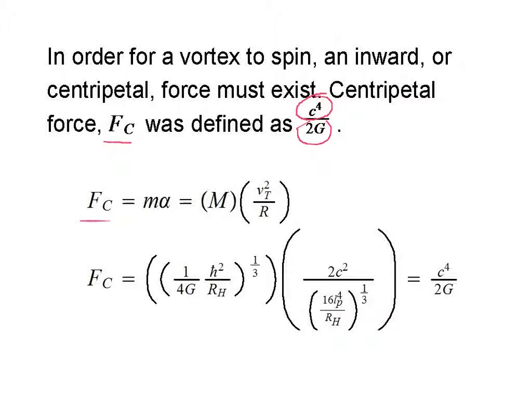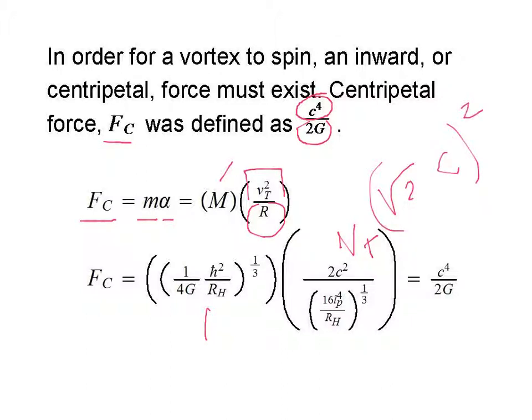And again, quickly, centripetal force is equal to the mass times the angular acceleration. So our mass and then angular acceleration is a tangential velocity squared divided by the radius. And we plug in our particle mass, our constant tangential velocity of the square root of 2 times c. Of course, we're going to square it here. Divided by the particle radius, and we get c to the 4th over 2G.